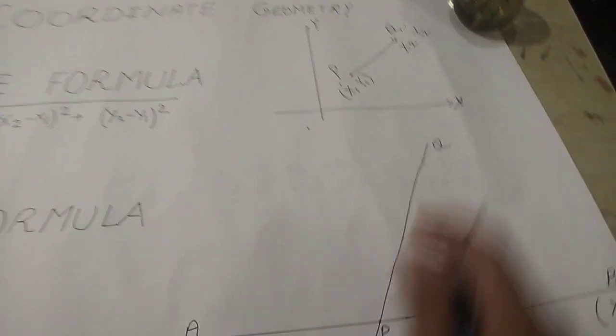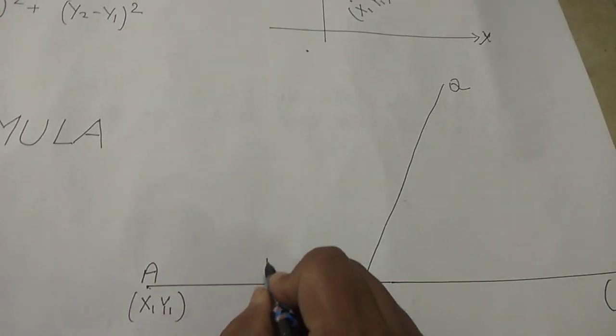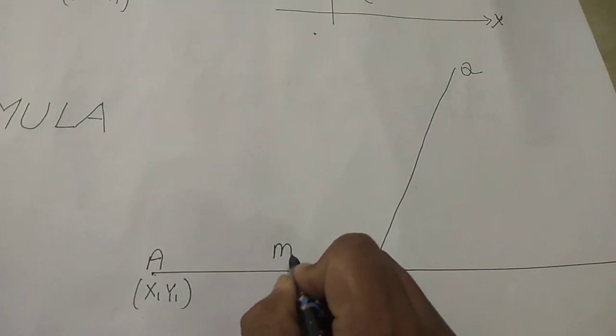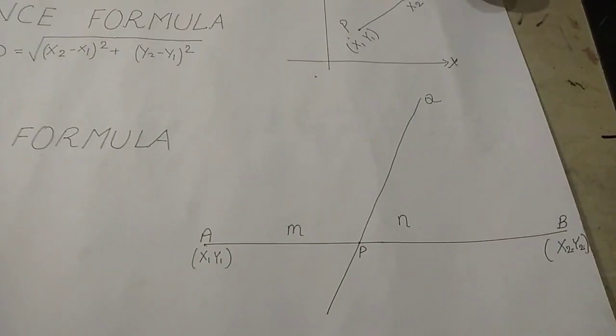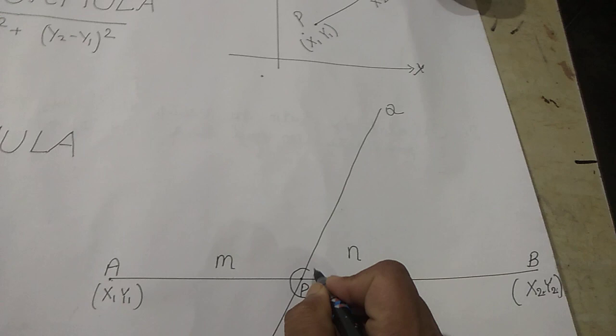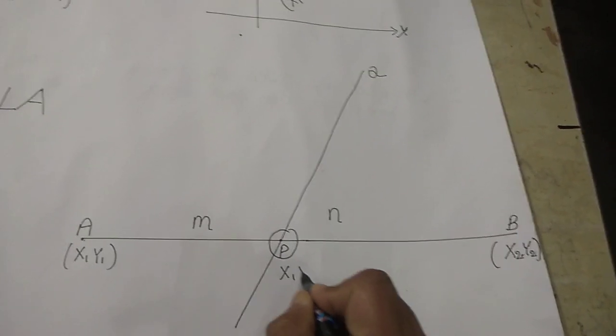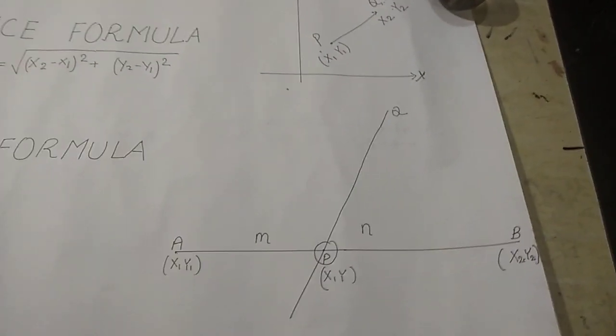Suppose this line divides AB in the ratio m to n. So what will be the coordinate of P? Let this be x and y.